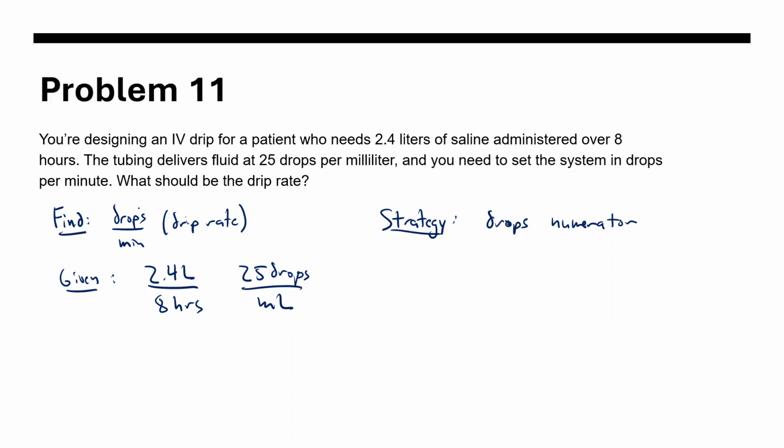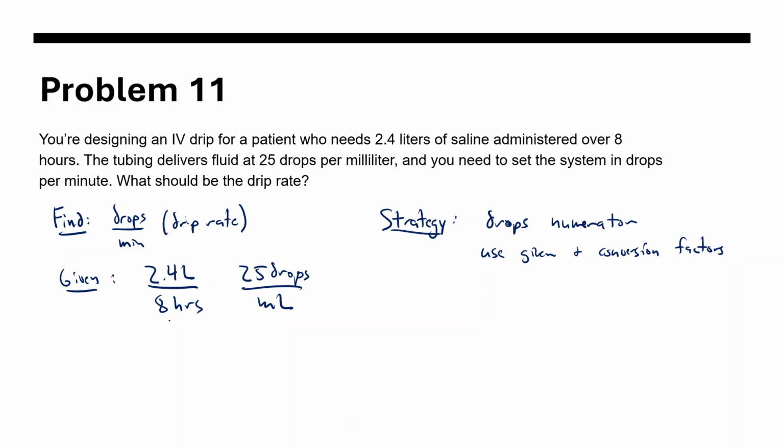We want time on the bottom, but we're going to start with drops in the numerator and then use our givens and conversion factors. All the conversion factors that we might need, we can look up. Some of them we might know off the top of our head, but that's where we're going to start.